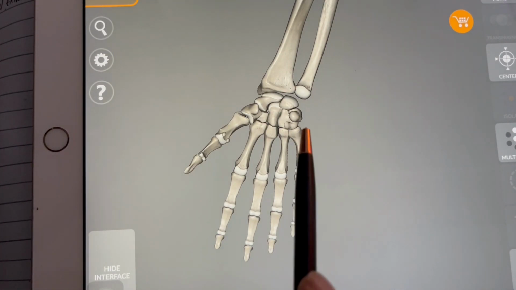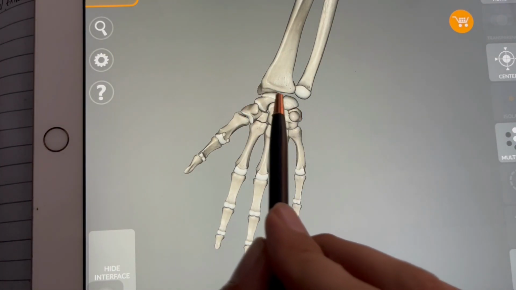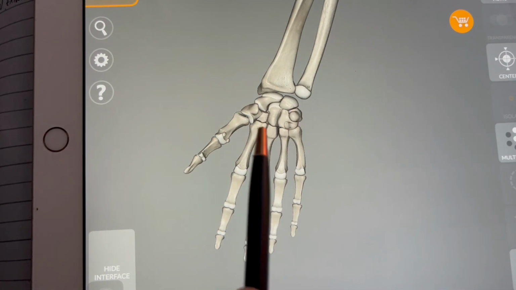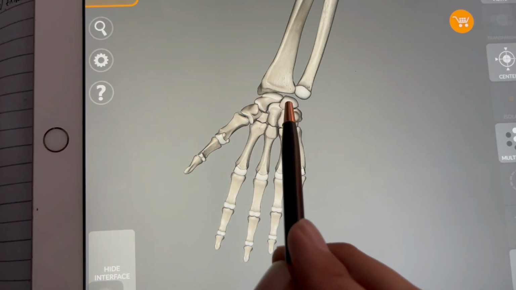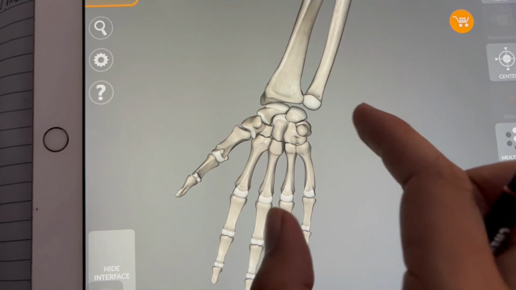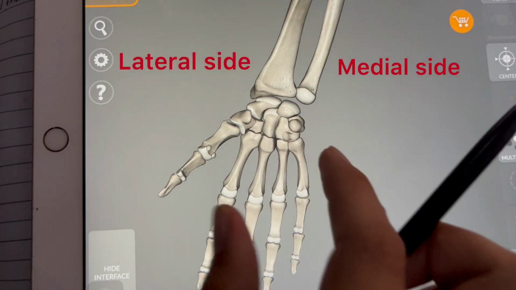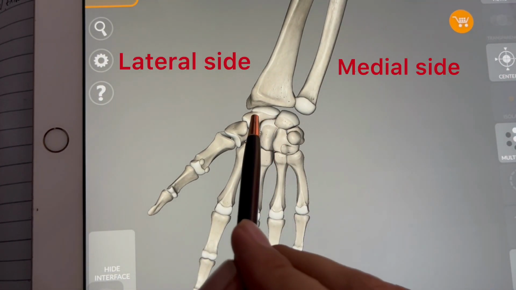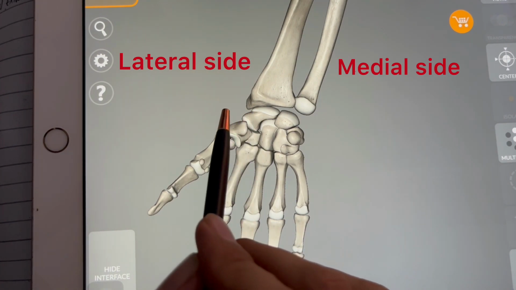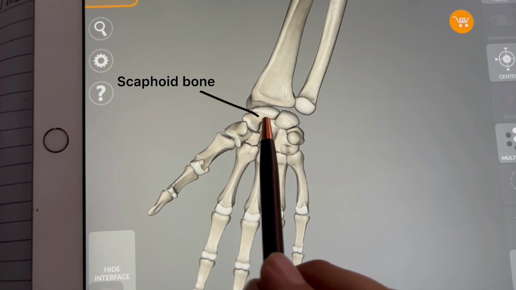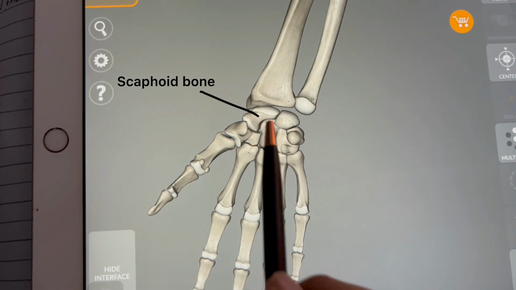Now students, as you can see, this region here is called the wrist region, and these are the carpal bones. The bone located most laterally is the scaphoid bone.